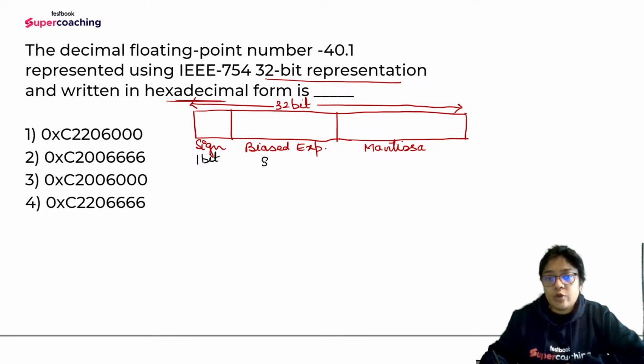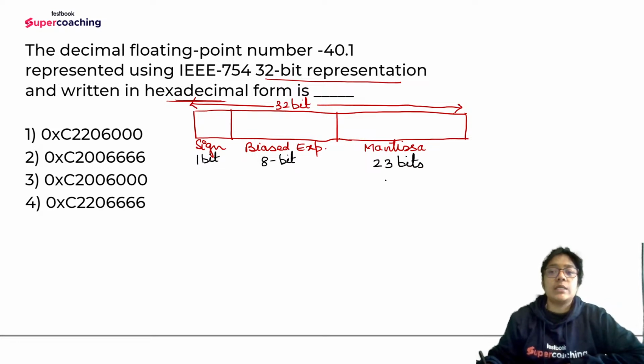Biased exponent is of 8 bits. 32 minus 9 is 23, so the remaining 23 bits are used to represent the mantissa.